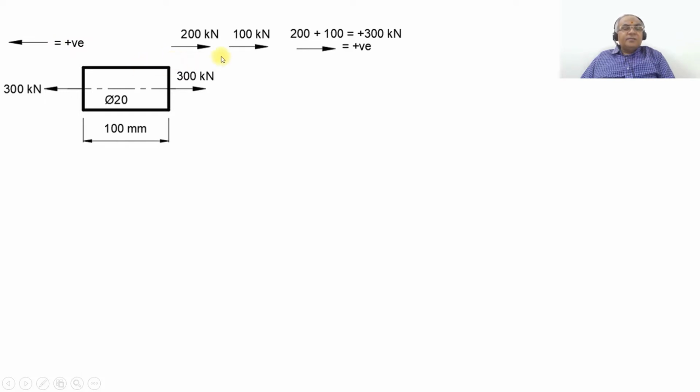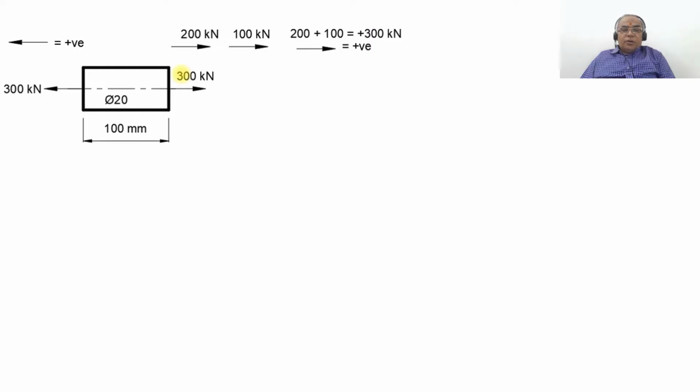On the right hand side, if you are moving from a point towards the right side, it is going to be a tensile load, so obviously it should be positive. For the other cross section, if you are moving towards the left side, it becomes compressive on the right hand side, so it becomes negative.